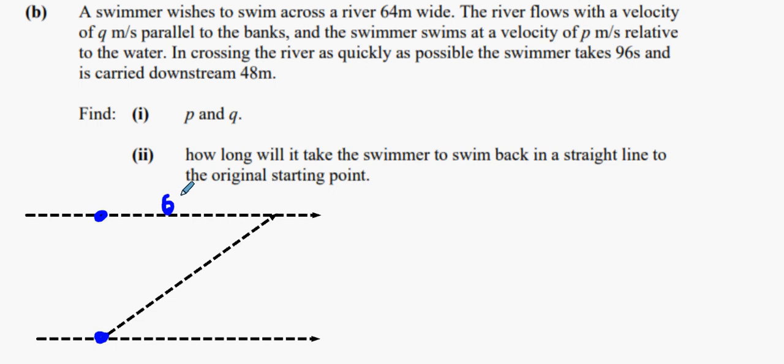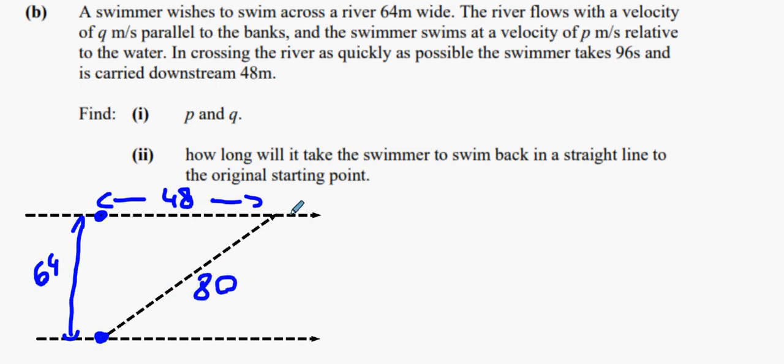Yes, Connor? Oh, sorry, I'm wrong there. It's 48 and 64, isn't it? So you get carried downstream 48 and you cross, it's 64 wide. Some of you did Pythagoras' theorem straight away. Fair play to you, you got 80.